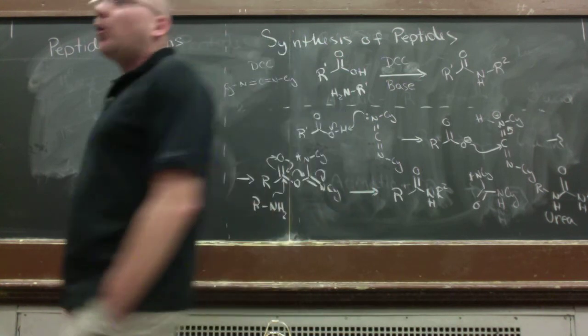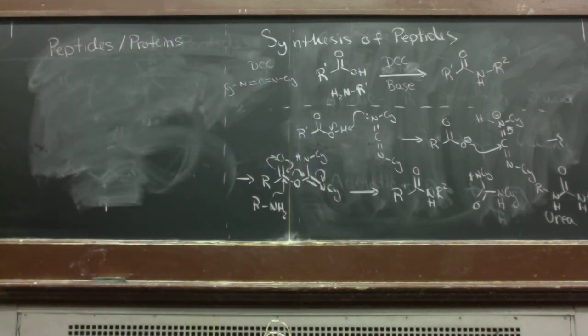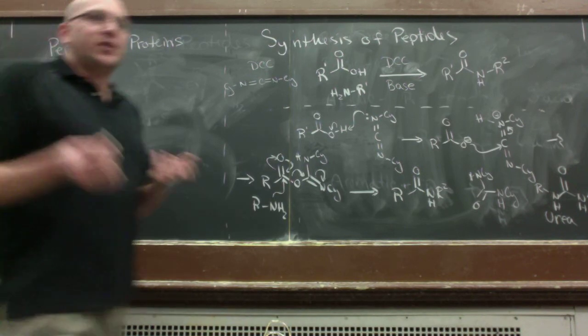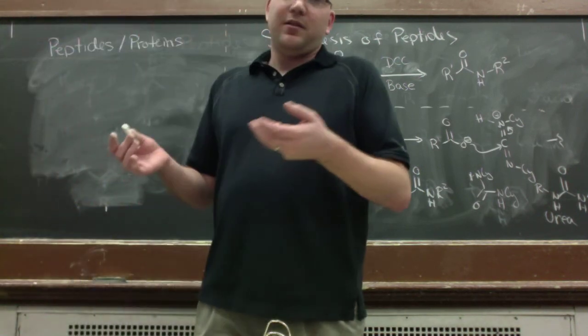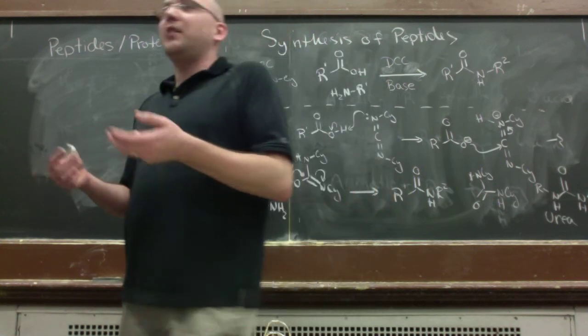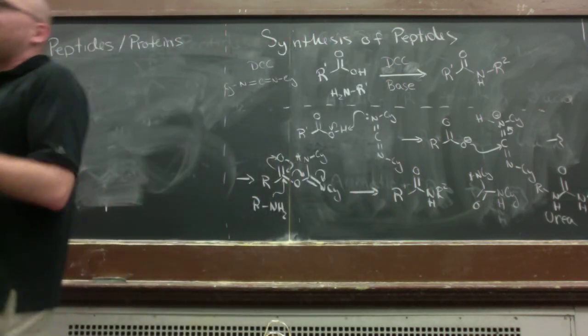All right, so one of the most important things, if it were that simple, this would be a very easy synthesis question, right? You simply take an amine, you react it with the carboxylic acid, and you get the compound out, right?